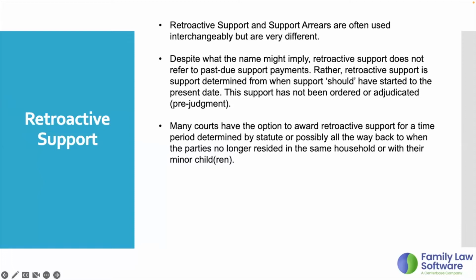So in some states, it might say you can only seek retroactive support for X amount of months. More generally, or more that I see more frequently, is sometimes you can get retroactive support to when the parties no longer resided together in the same household or were no longer residing with the minor children.